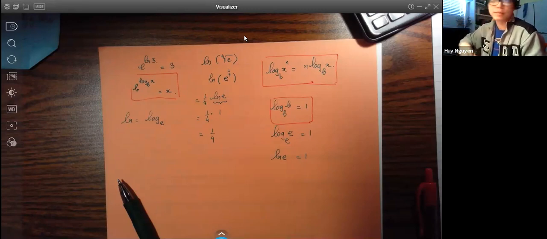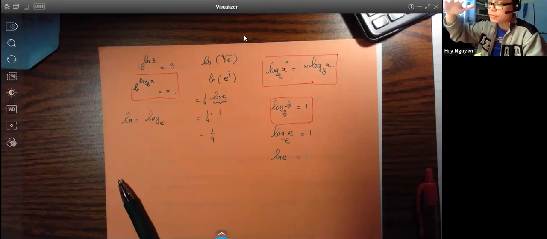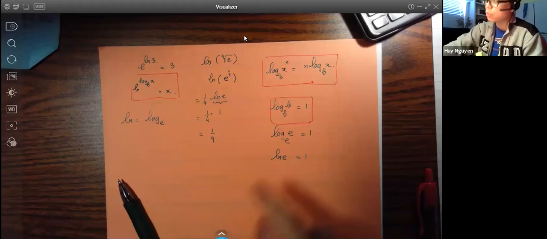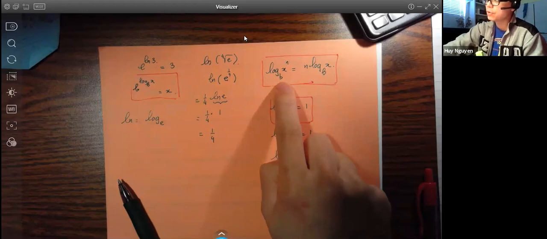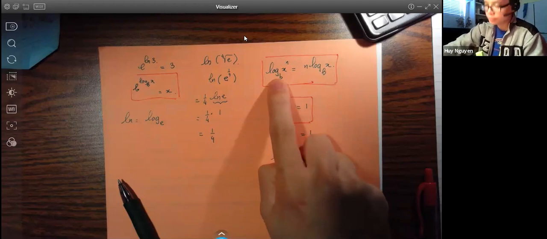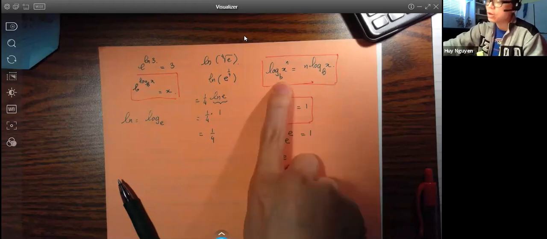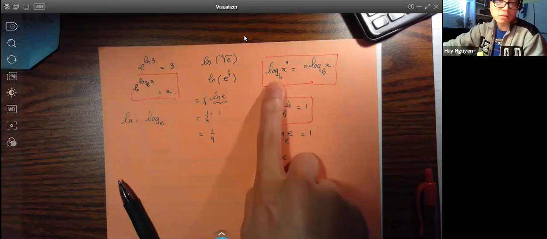It's not hard, but you have to write carefully also. You see that when I'm writing the base for the log, I move it all the way down. You see the base b here, I draw this as a subscript, and I write it all the way down. It's not on the same level with log.